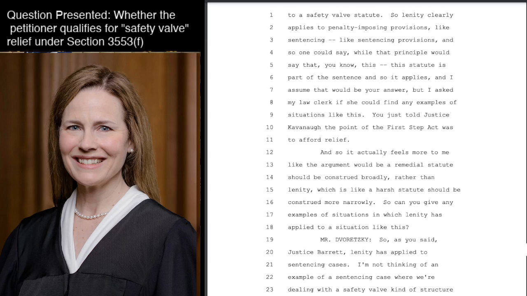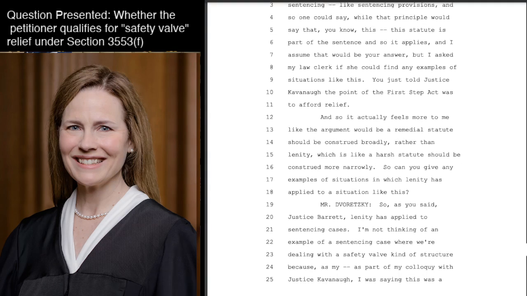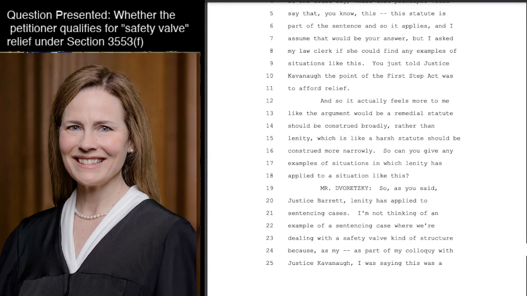But I asked my law clerk if she could find any examples of situations like this. You just told Justice Kavanaugh the point of the First Step Act was to afford relief. And so it actually feels more to me like the argument would be a remedial statute should be construed broadly rather than lenity, which is like a harsh statute should be construed more narrowly. So can you give any examples of situations in which lenity has applied to a situation like this?